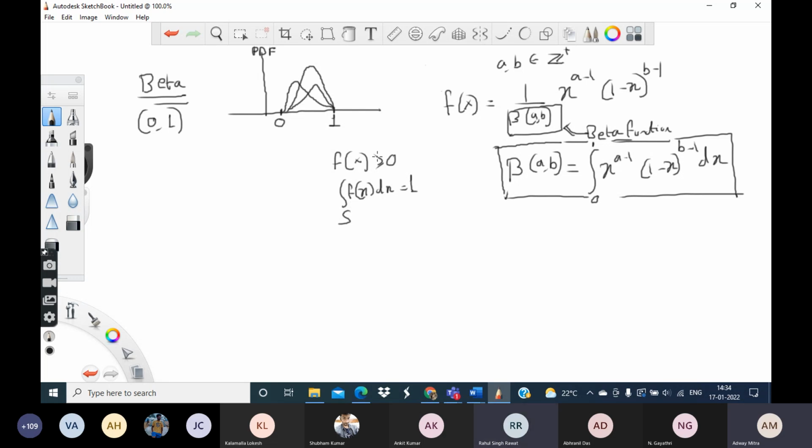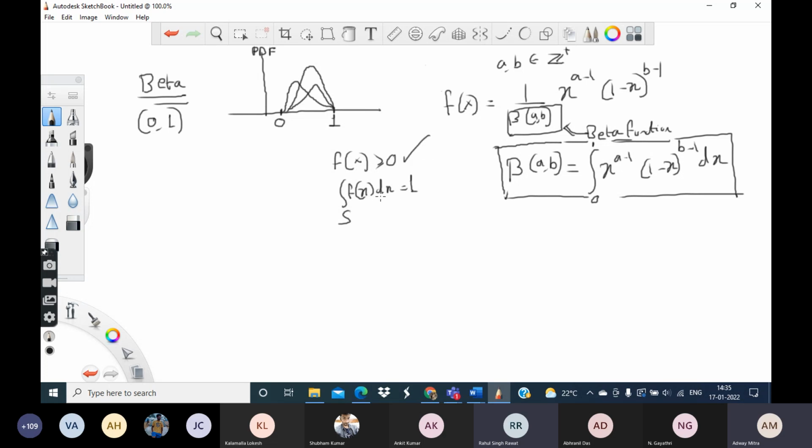So let us check the first criterion. In the numerator, x is some value between 0 and 1, and 1 minus x will also be some value between 0 and 1. Both are being raised to some integer or maybe 0, so obviously the numerator will be positive. What about the denominator? The denominator is the beta function, and because of the nature of the function, you can understand that this will also be positive. So the PDF is definitely non-negative.